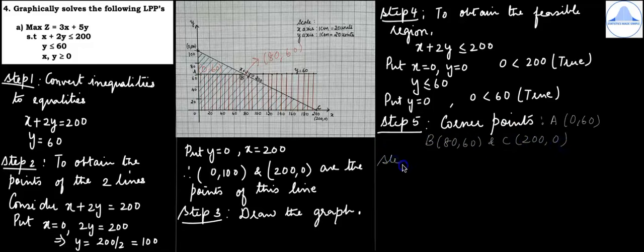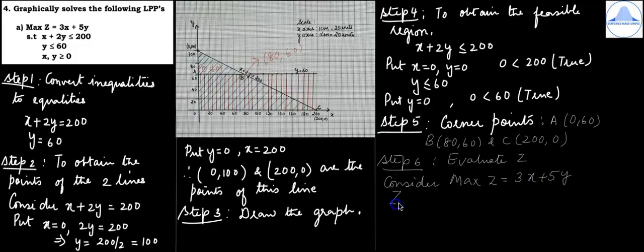So now the last step is step 6. So you have to evaluate Z at the corner points. So you consider maximize Z equal to 3x plus 5y. So now find out ZA. So ZA will be 3 into 0 plus 5 into 60.